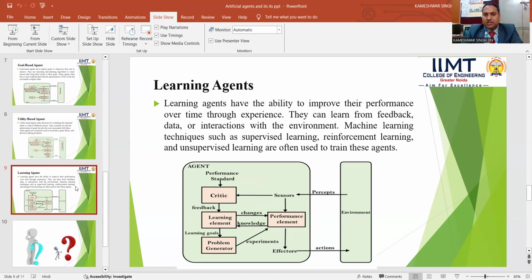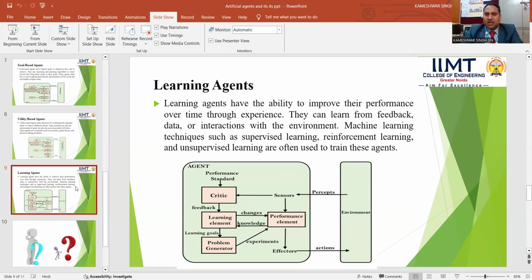Now we are going to discuss the learning agent. What is the learning agent? Learning agents have the ability to improve their performance over time through experience. They can learn from feedback, data, or interactions with the environment.